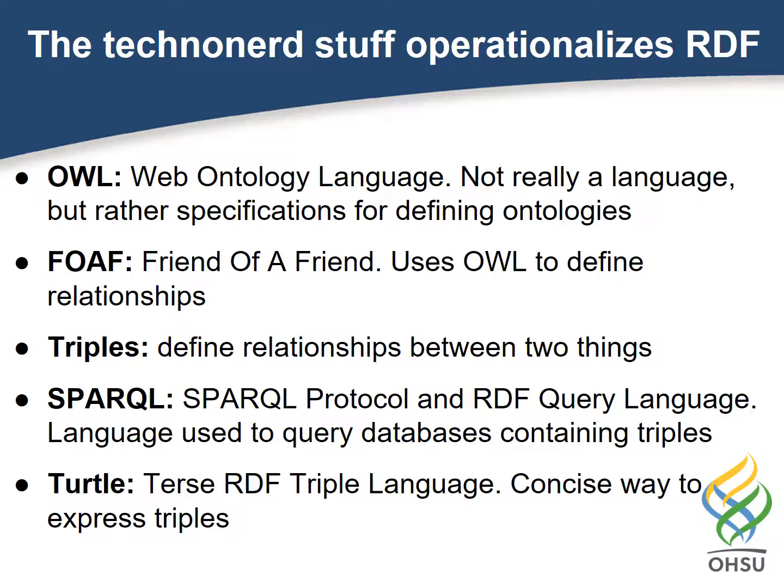And so friend of a friend uses OWL, or the web ontology language, to define relationships, and the triples define relationships between two things. Like, for example, you could say Jane feels happy. So Jane is one thing, happy is another thing.